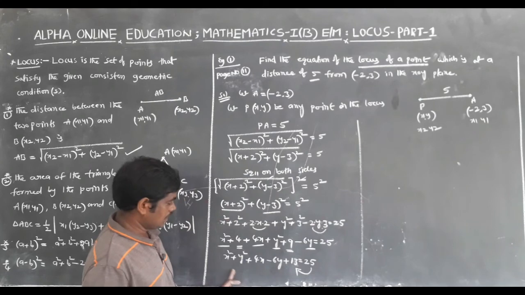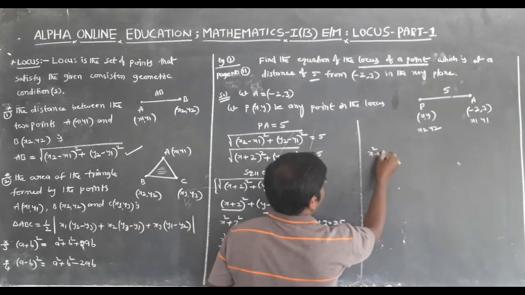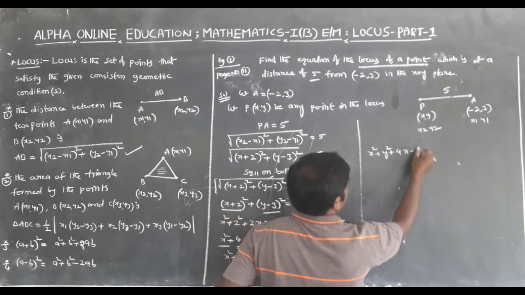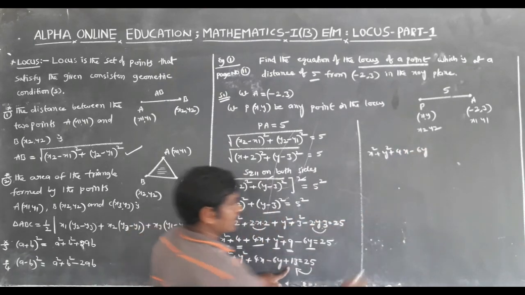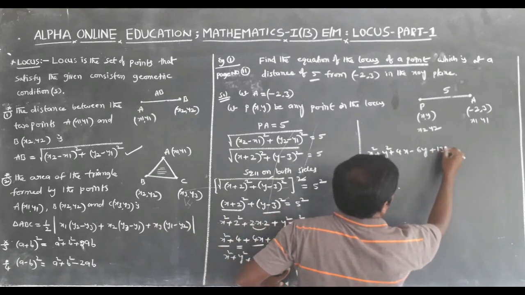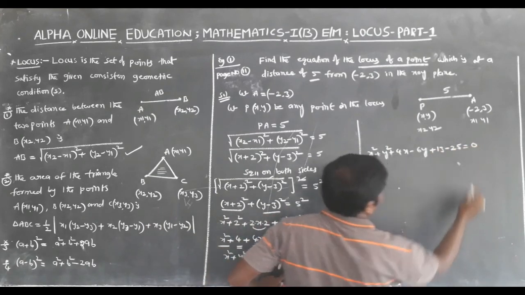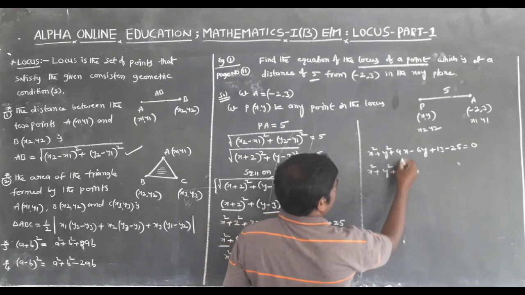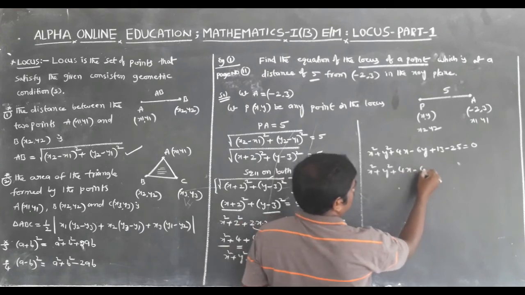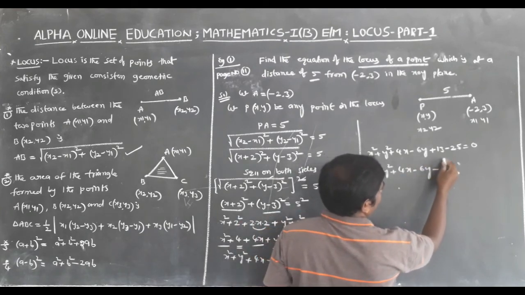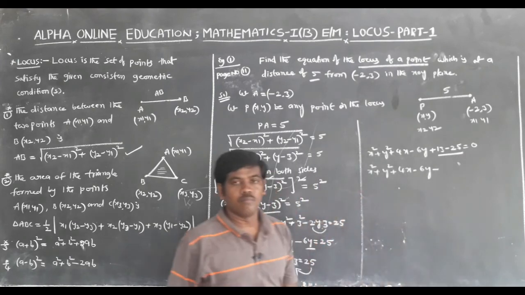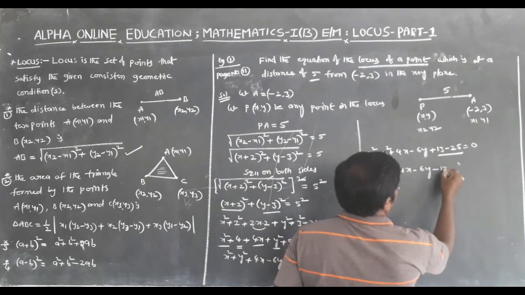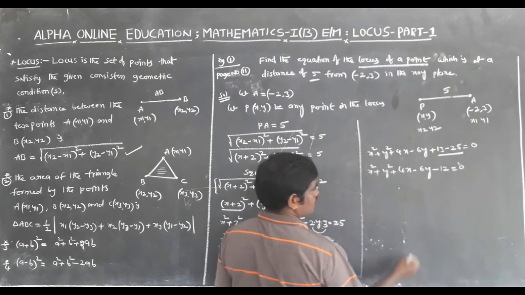Taking 13 to the left side: x square plus y square plus 4x minus 6y plus 13 minus 25 is equal to 0. 13 minus 25 is minus 12.